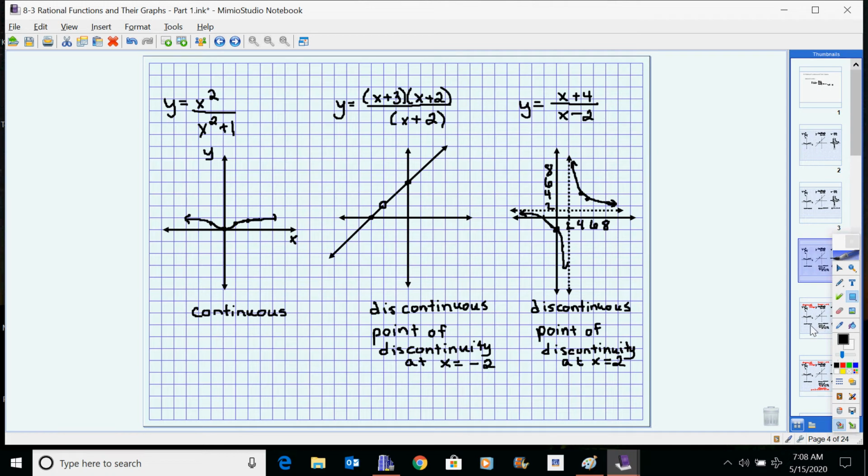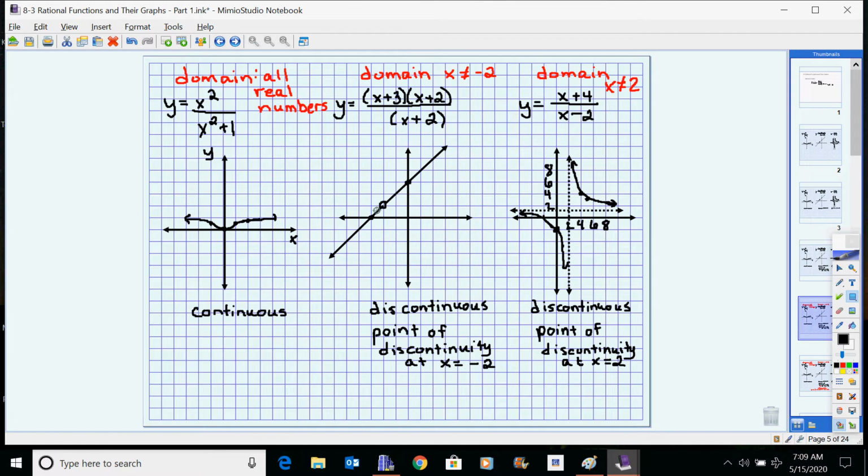Okay? All right. So that leads us to a discussion of the domain. Remember, domain is all of the possible x values. In this particular graph, the domain is everything. No matter what you make x, nothing's going to give you a 0 in the denominator. They're all going to give you y values, so it's continuous, and the domain is all real numbers.